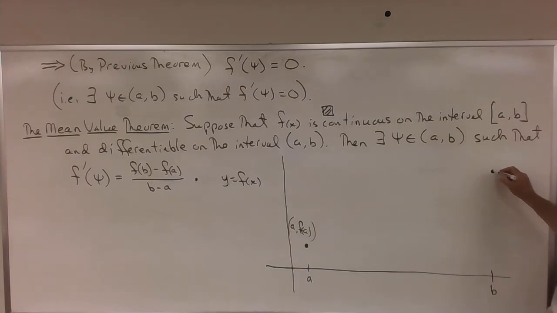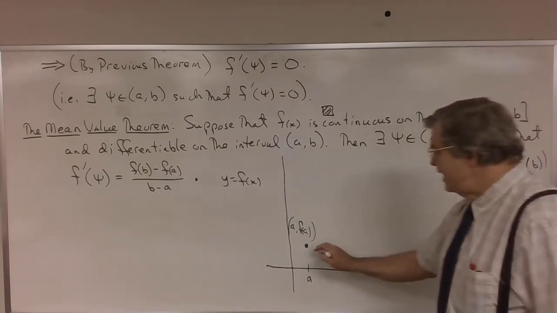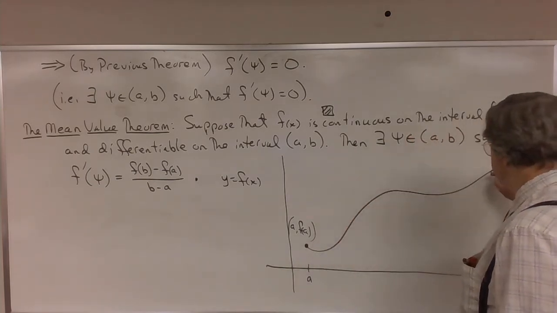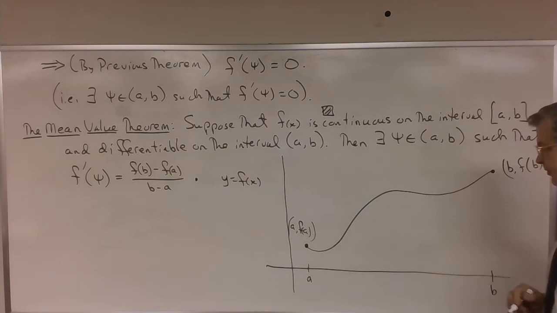And here's the point b, f of b. And the function f of x just sort of meanders around a little bit. So let's say that's what the graph looks like.